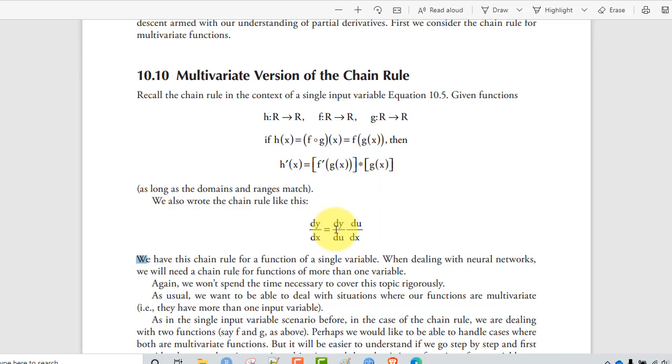So the chain rule says that to get the change of this thing, which we're calling y, with respect to a change in the inner variable x, we do the change in this thing, which we're calling y, with respect to a change in g, or u, and then the change in g, or u, with respect to the innermost variable x.